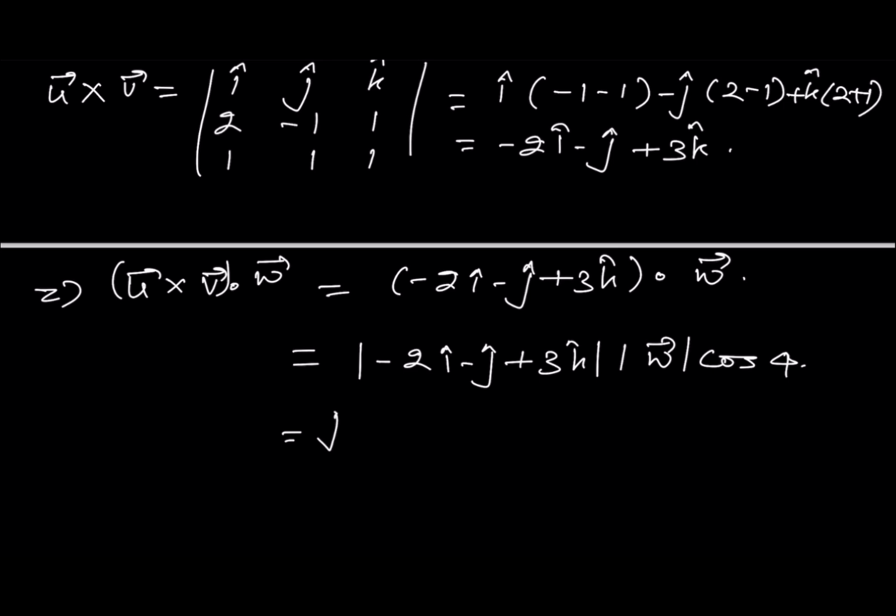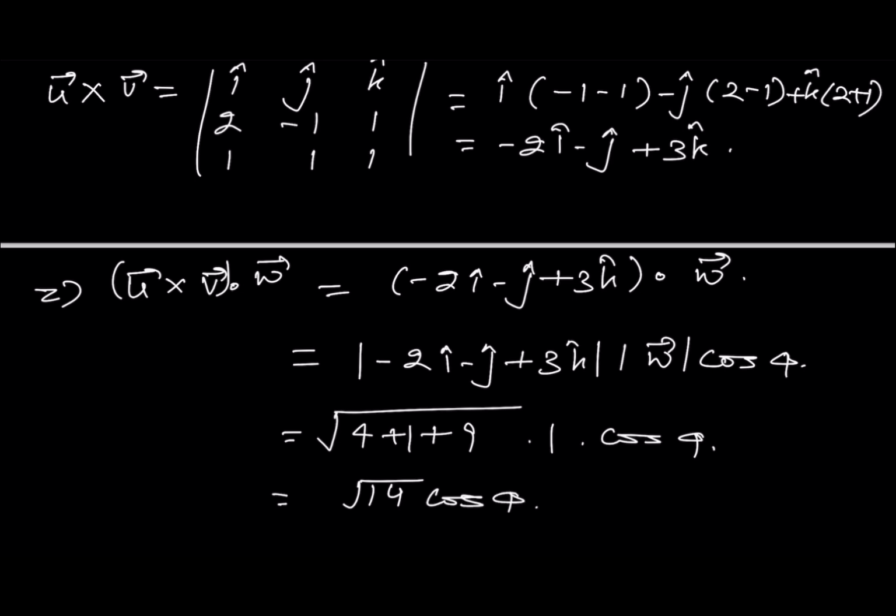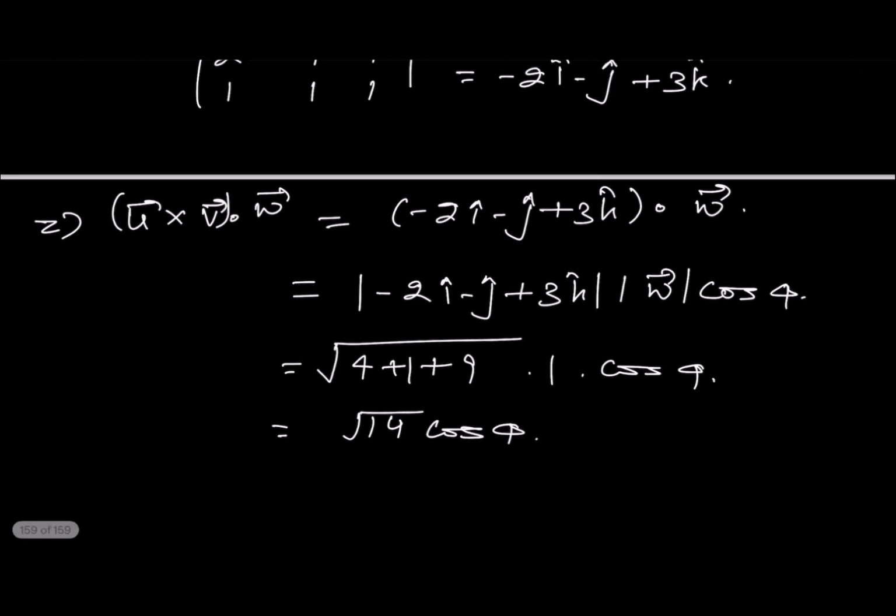So this will be root over 4 plus 1 plus 9, into 1, into cos phi. So this will be root 14 cos phi, and we know the maximum value of cos phi is 1.